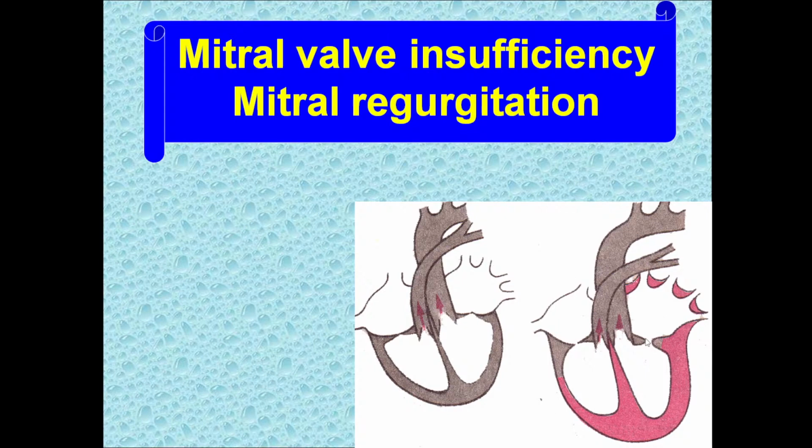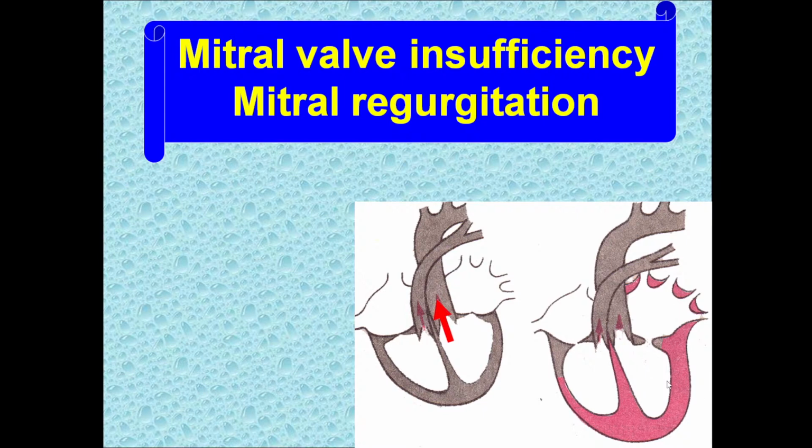Due to contraction of the ventricle, blood together with ejection into the aorta comes back into the left atrium.